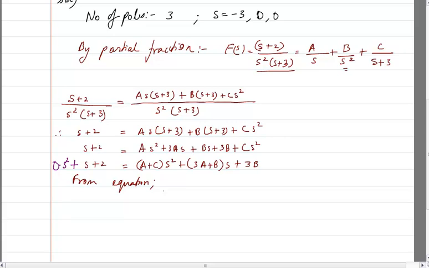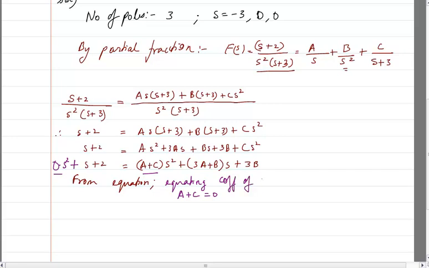Okay, s square into 0. So therefore I will get a plus c is same as 0. So a plus c is equal to 0. What I have done? I have equated the coefficient of s square.